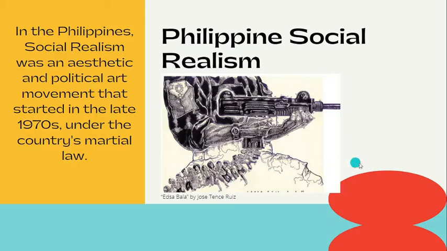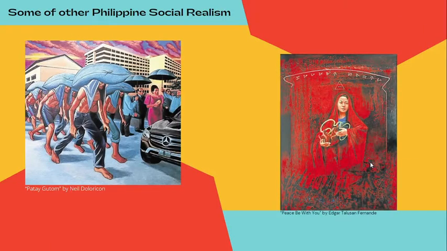Okay. So next, I will show some other examples of social realism like this. Patay Gutom by Neil Doloricon shows our farmers carrying bags of rice. And then on the right side is the politician that we can clearly see.